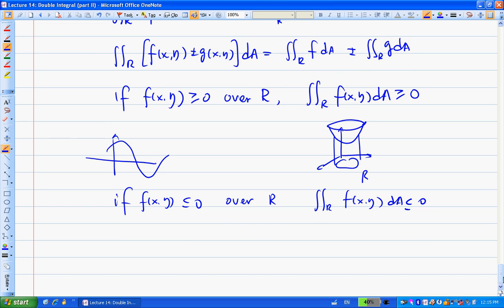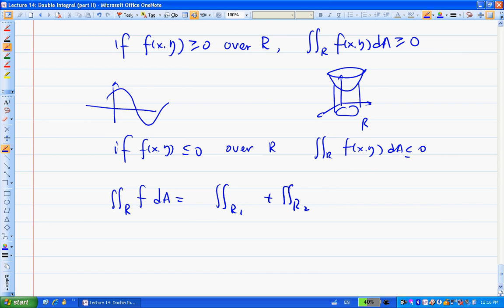And the last property is the additive property. If you have an integration here, and R happens to be composed of two regions, for example, you have one region over here and another region over here.